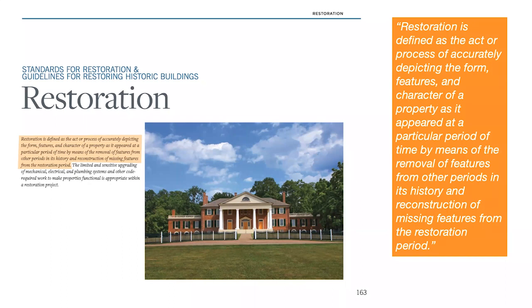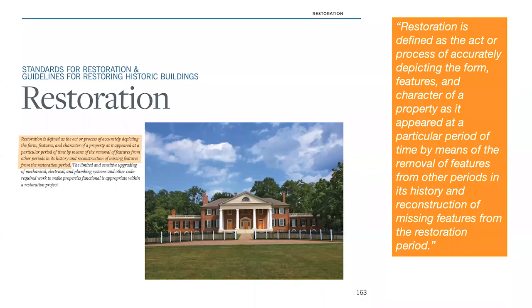This restoration period, we're going to also talk about a little bit shortly as being maybe the period of significance, which is a specific term that gets used a lot in this space. So restoration is about peeling back things that weren't originally part of the building or from the most important period of significance, and making select repairs in order to put those things back.